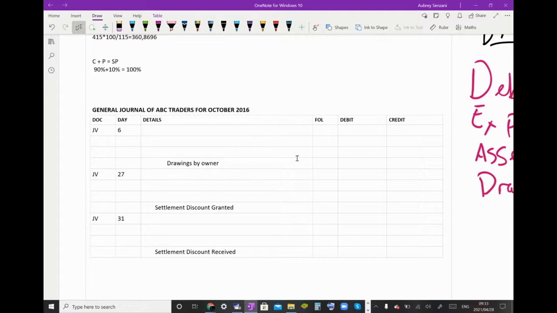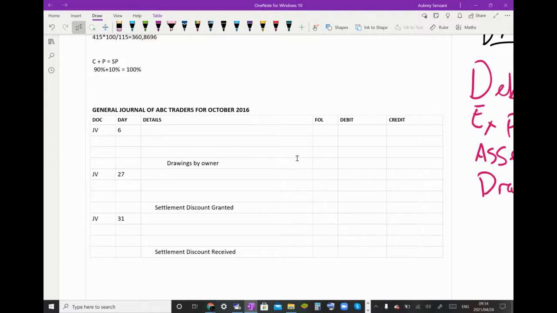So we say to ourselves, okay, which accounts are affected? We know drawings is affected. We know trading inventory is affected. But there's another account that's also affected. When we first bought this trading inventory, we claimed input VAT.